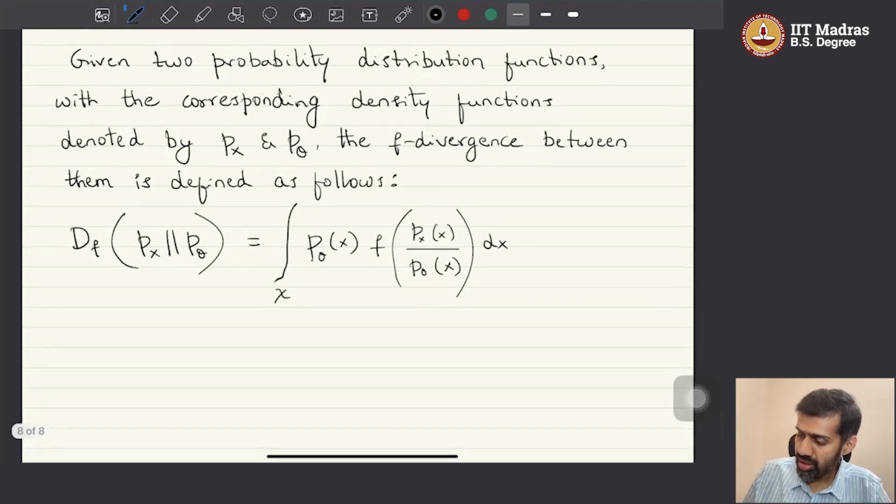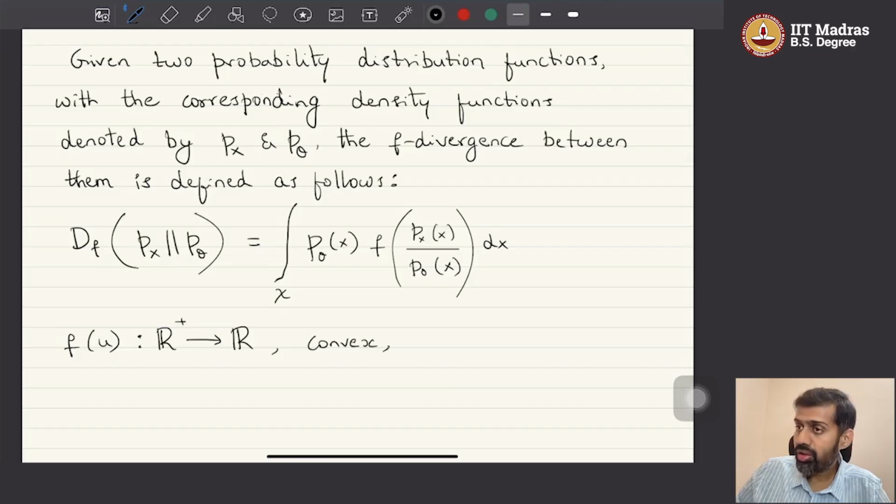Now here f of u is an arbitrary convex function defined from positive real numbers to real numbers. It's a convex, left semi-continuous function with the value of the function at 1 being equal to 0.